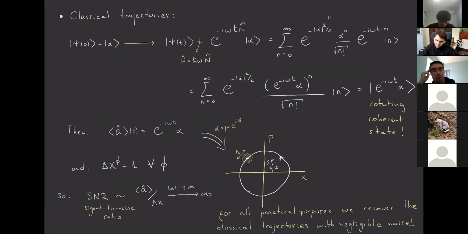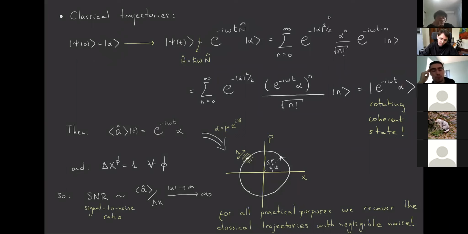Then I showed you that in the Schrodinger picture, the state at any given time is still a coherent state, but with an amplitude whose phase changes linearly with time. And this is precisely what we saw for the classical complex amplitude of the harmonic oscillator.